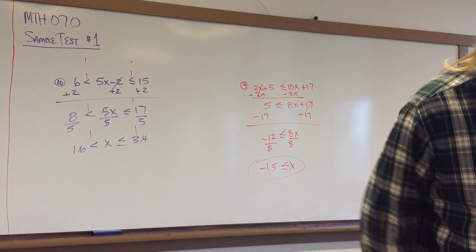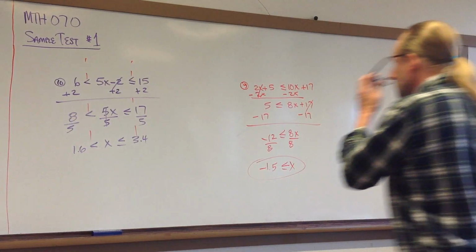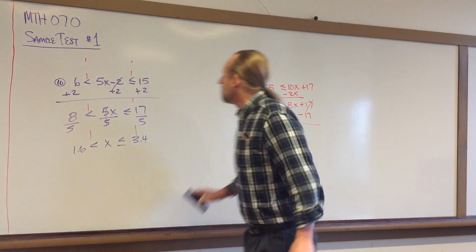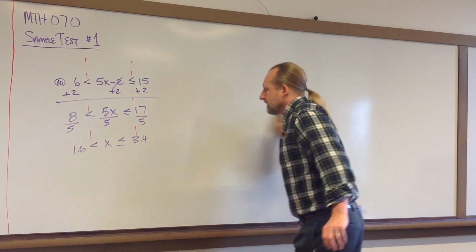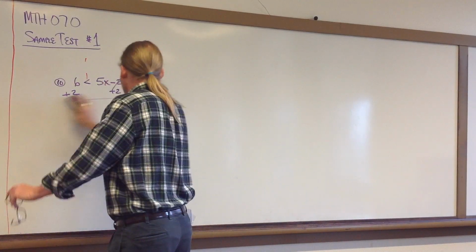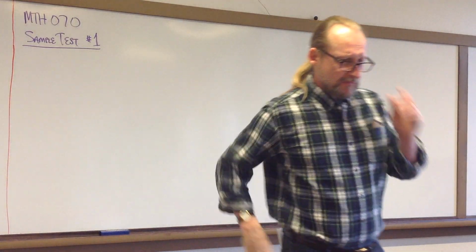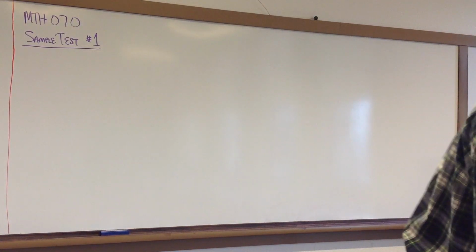Okay, that's problem 10. Now problem 11, I've been doing this in class, and I talked about it a little bit, but I forgot that there was this question on the test, and it's kind of a simple question, but it is this graphing on the number line question.